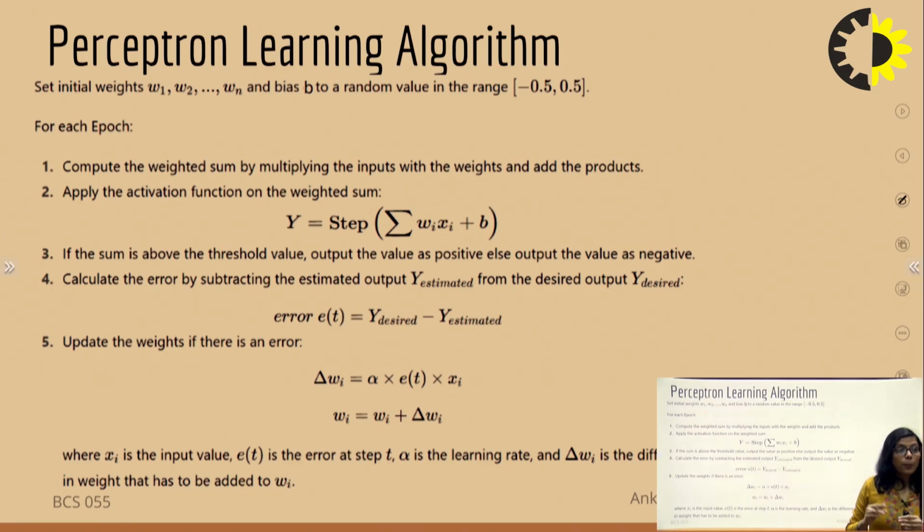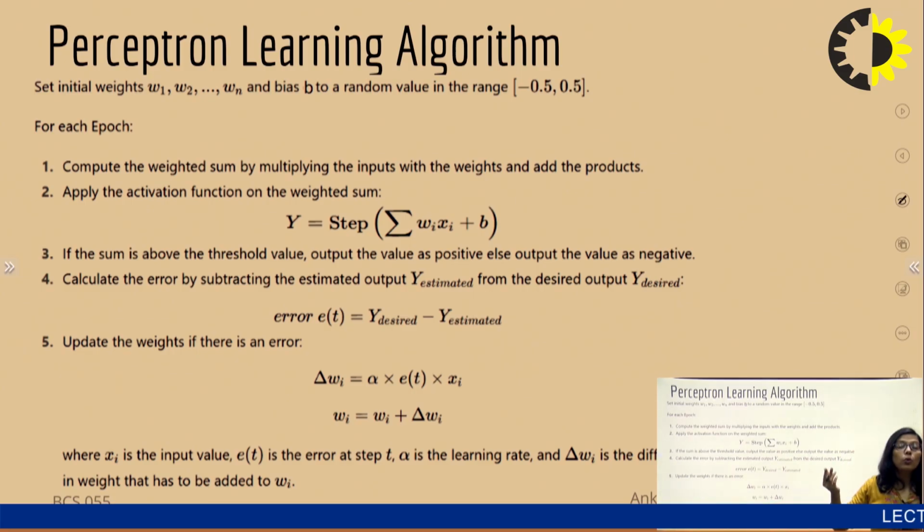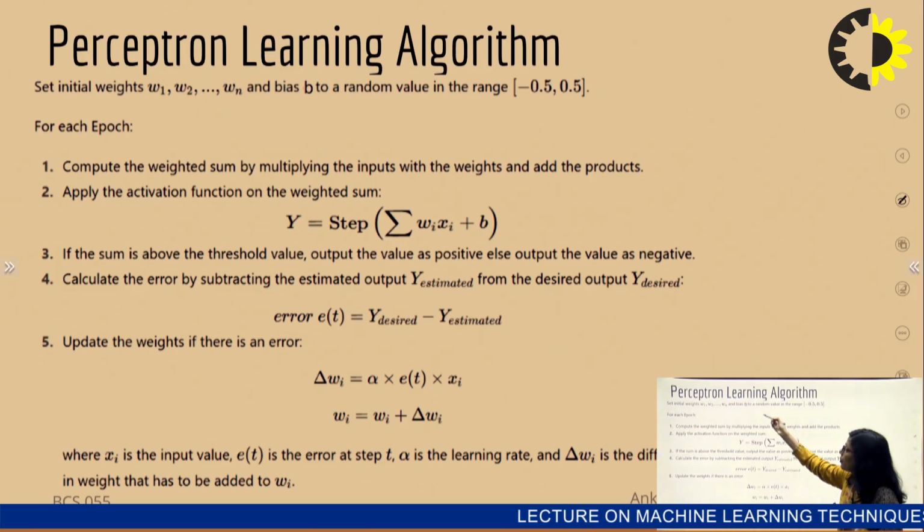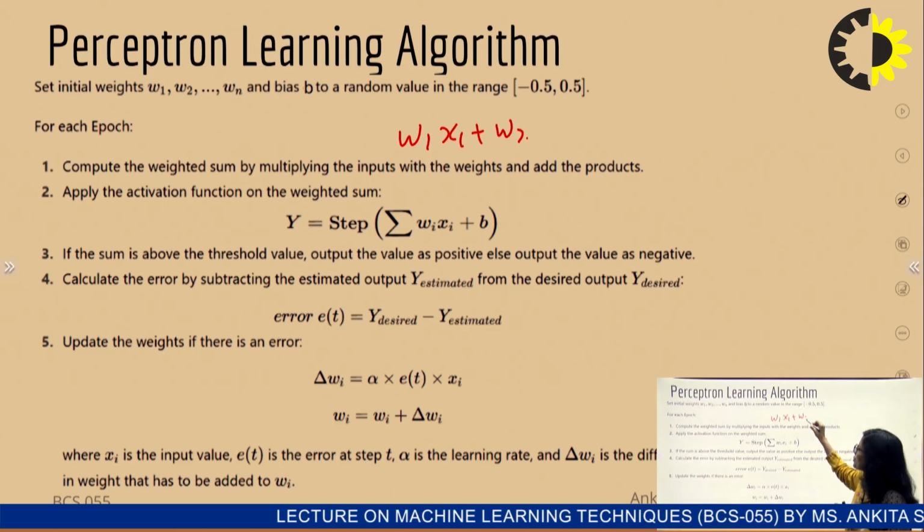Now for each epoch, what is an epoch? An epoch is an iteration, one iteration of the neural network training. I will compute the weighted sum by multiplying the inputs with the weights and adding the products. For example, W1 X1, W2 X2.